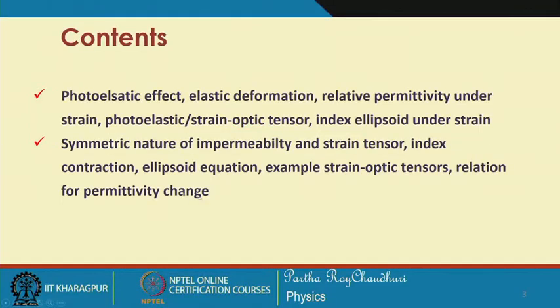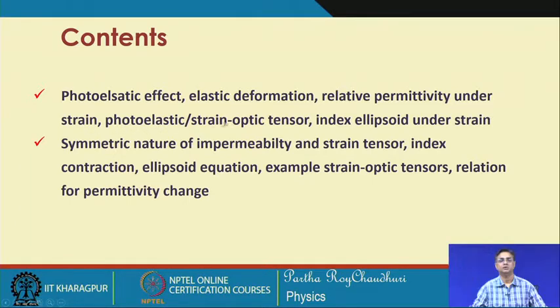So, we will look at the photoelastic effect and this elastic deformation, how the relative permeability is modified under the propagation of the acoustic wave due to the periodic strain present in the medium, and then we will see the form of the photoelastic, that is the strain optic tensor.